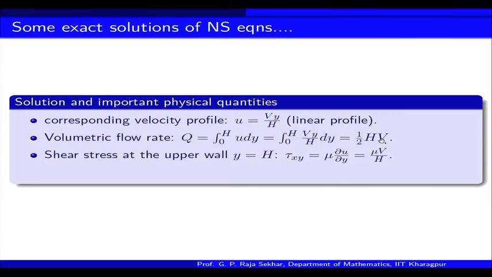There is not much happening, except that the fluid velocity is taking the particles attached to the upper plate, so they are dragged. So you see a linear profile. Otherwise, the volume flow rate and the shearing effects are expected to depend on the other remaining variables involved. What are they?